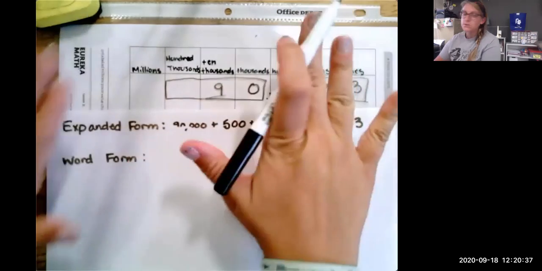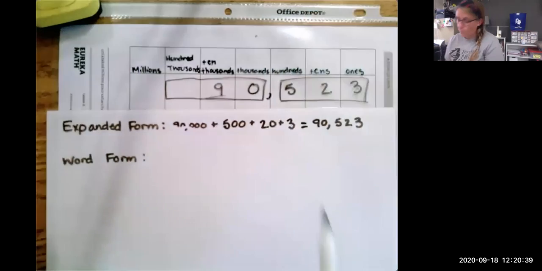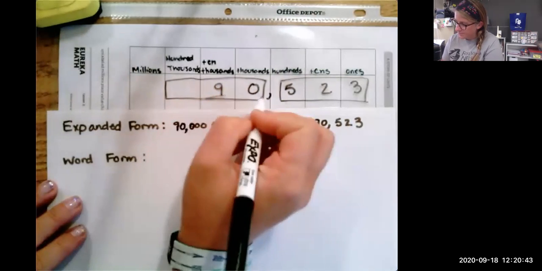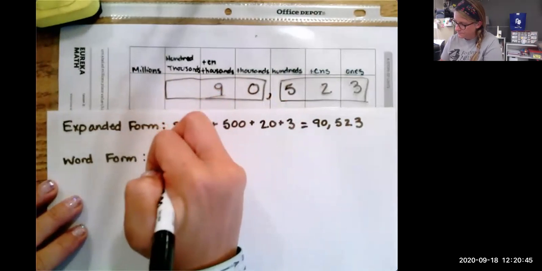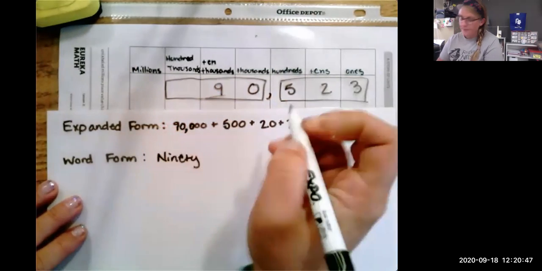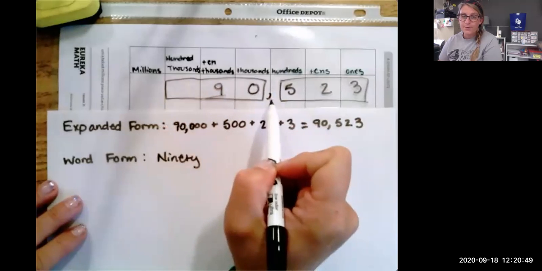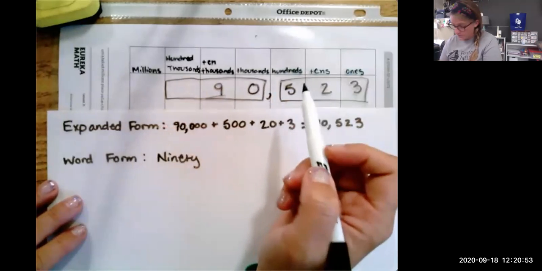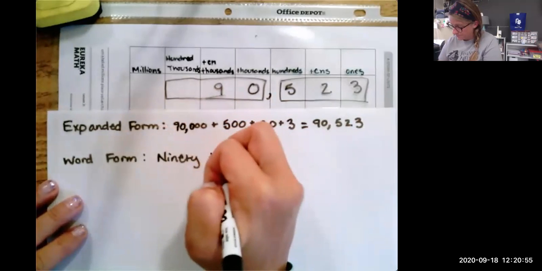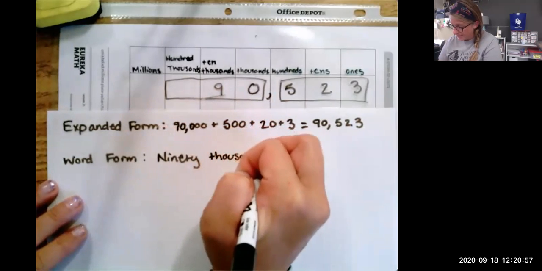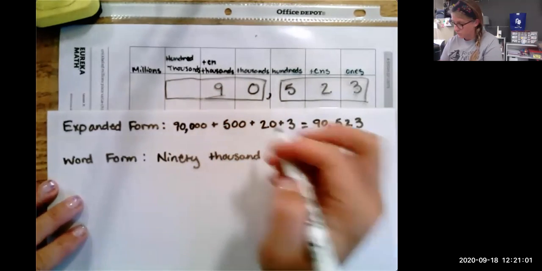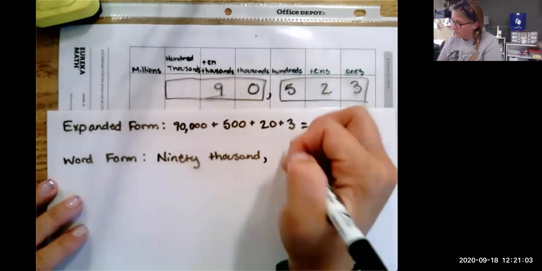So if we just saw this number by itself, what would it be? That number is read 90. After we read this number, remember we say the comma, and the comma is read as thousand. 90,000, and then we're going to read this number, 523. Don't forget your comma.